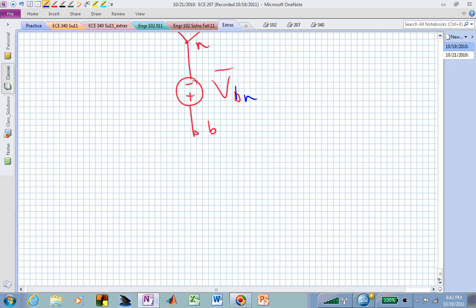To be a set of balanced sources that are Y-connected with a positive phase sequence, let's just give each the same magnitude, and we'll call that V sub phi. And let's keep the A phase as sort of our reference phase angle and make that 0 degrees.